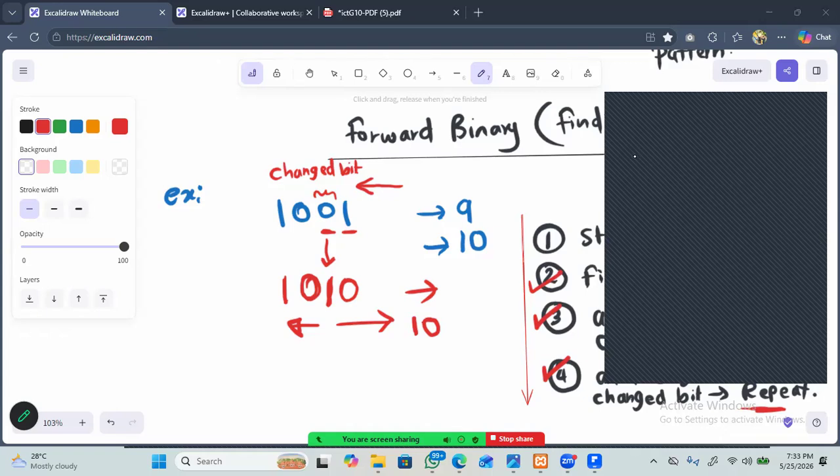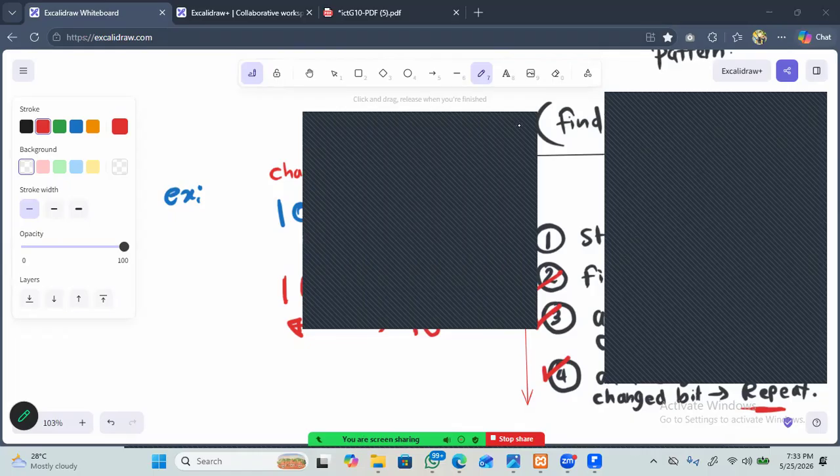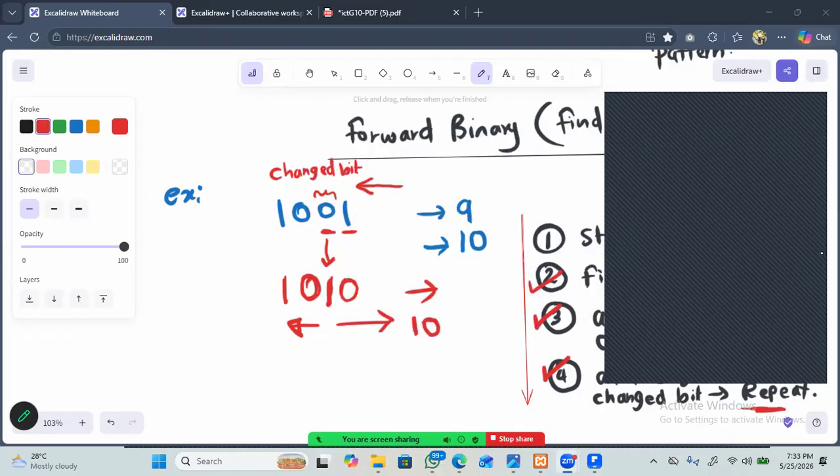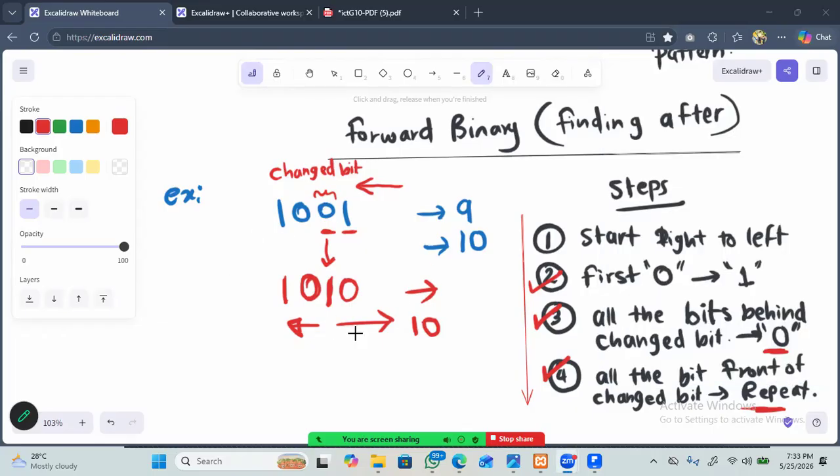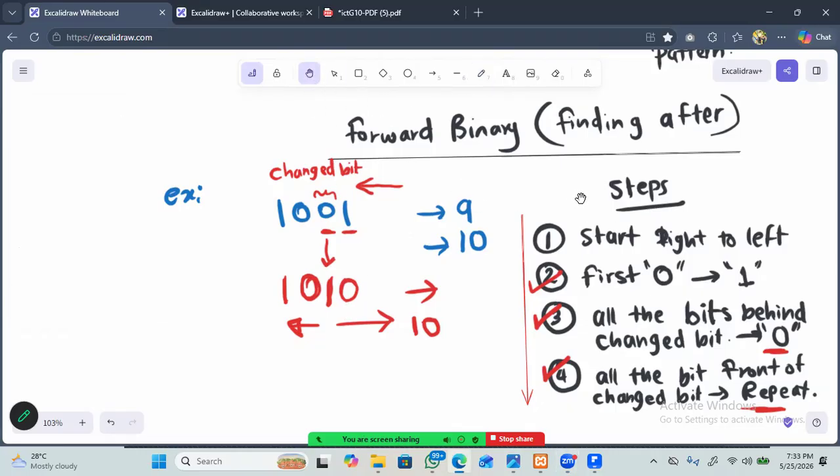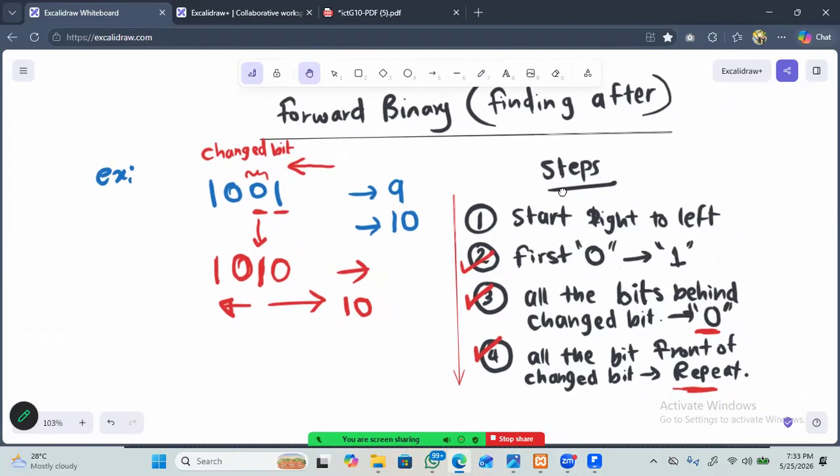Are there any students other than you two? Is this clear? This is how you find the after number. If that's clear, we are moving.